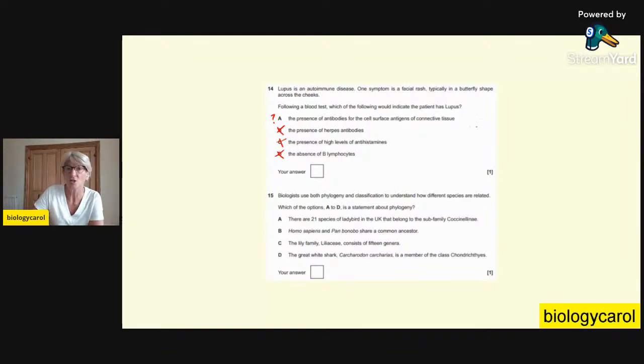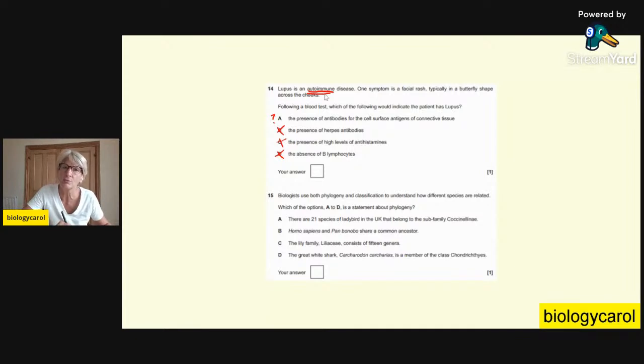This question, the examiners put down to the fact that it was a tricky application question. But I'm also going to say it's a very tricky question because they gave you a little bit of spurious information. This word here is almost the most important word.